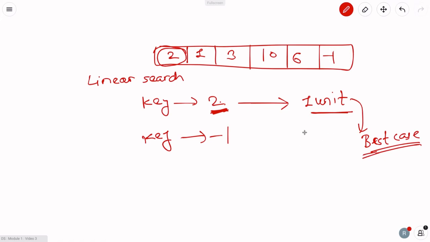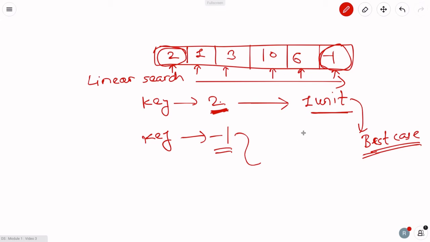In the second example, we have the key -1. In this case, the -1 key is present at the very last location. In linear search, as we all know, we traverse the array one by one. So to get the location of the -1 key, we need to travel the entire array, and this is what we call the worst case.